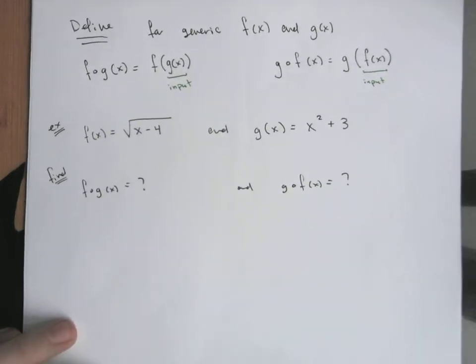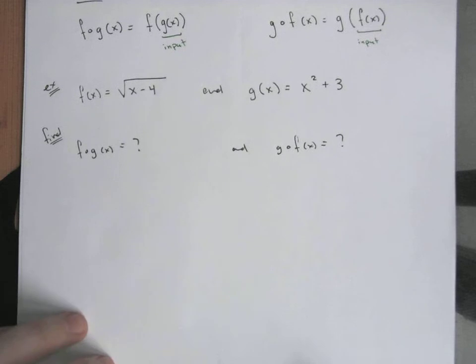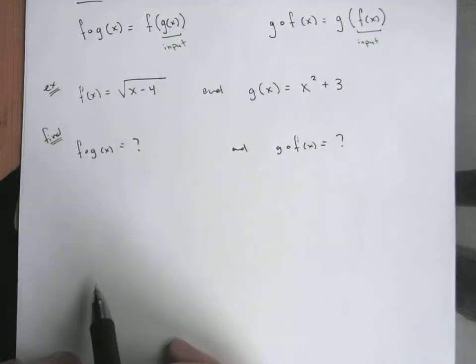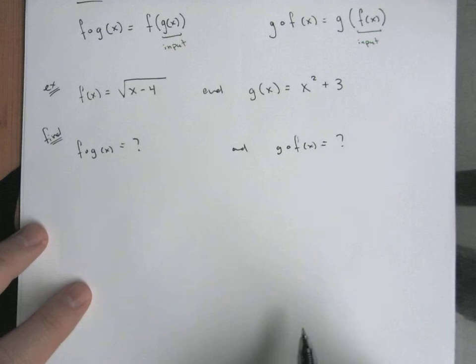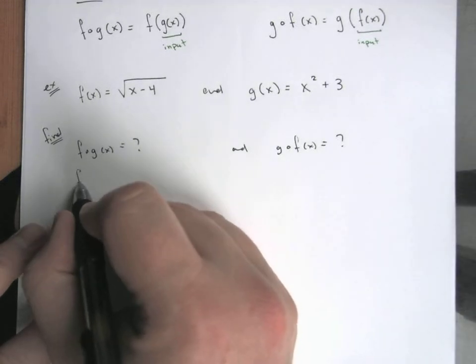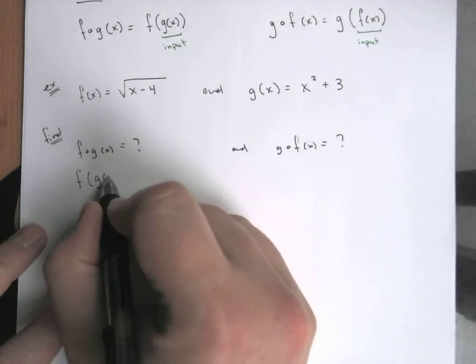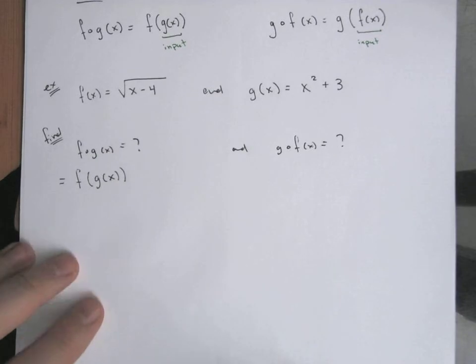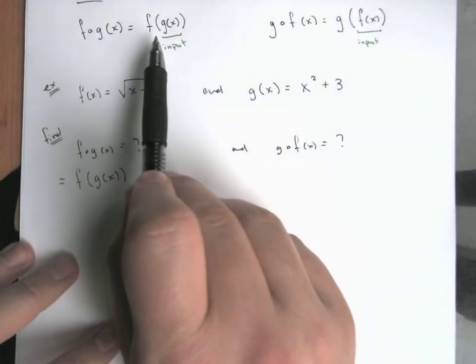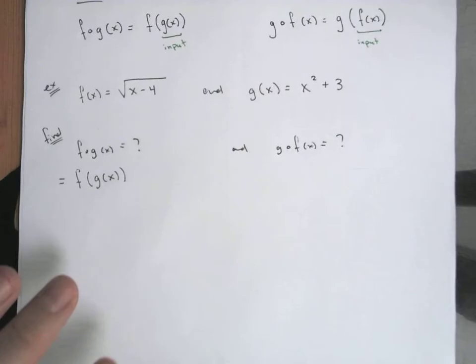So shift this up, we'll get a little more room to work with. I'll do one first, we'll take it down, and then we'll compare it to the other version. First things first is to rewrite it exclusively using our parentheses. So f circle g of x should be f with g of x in our parentheses.